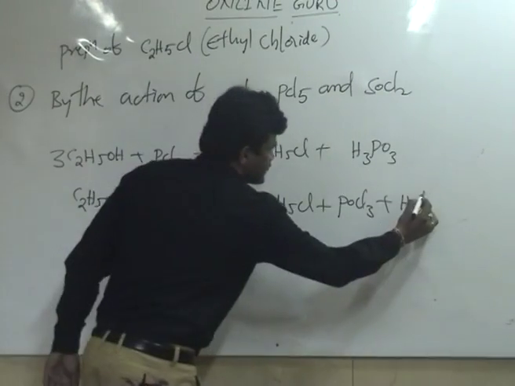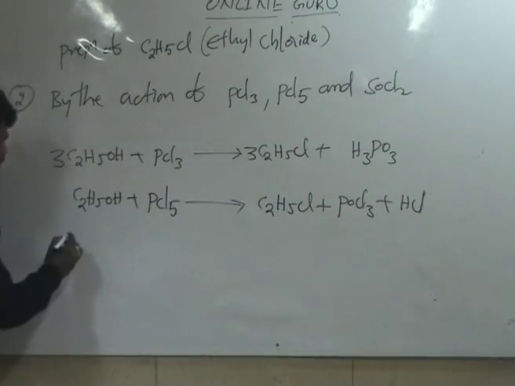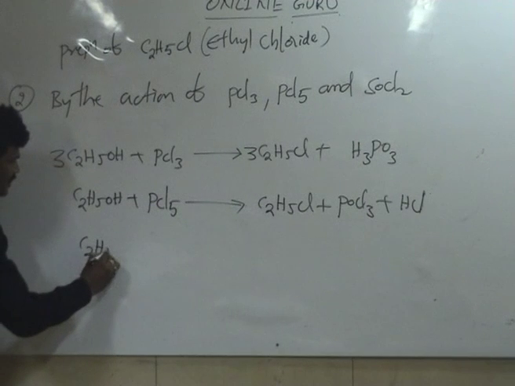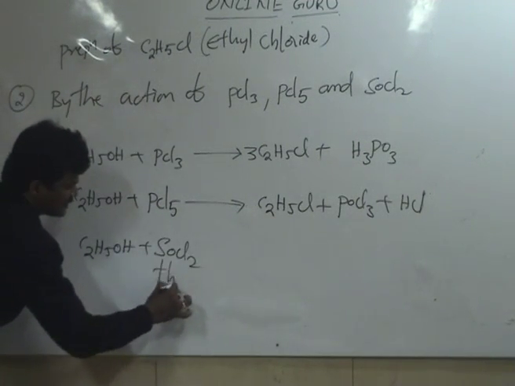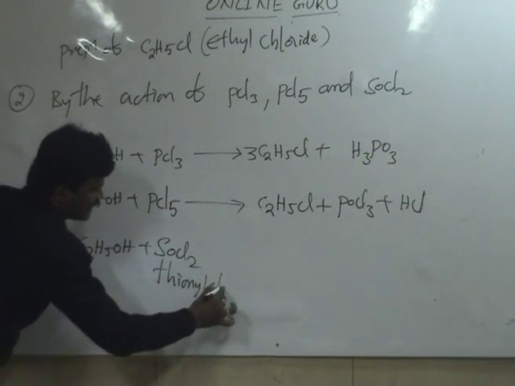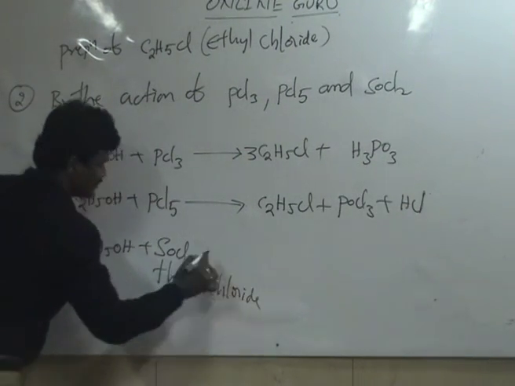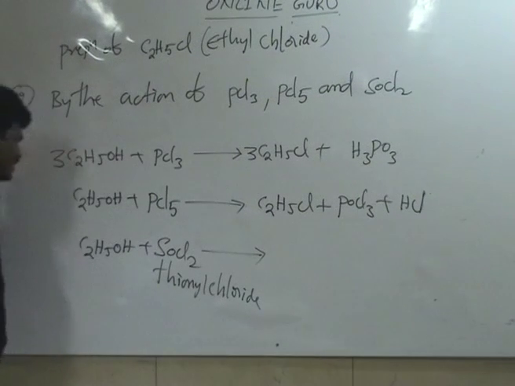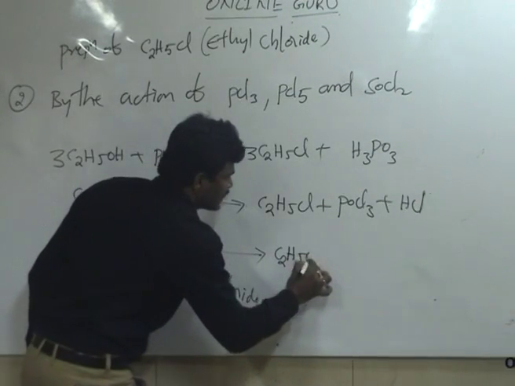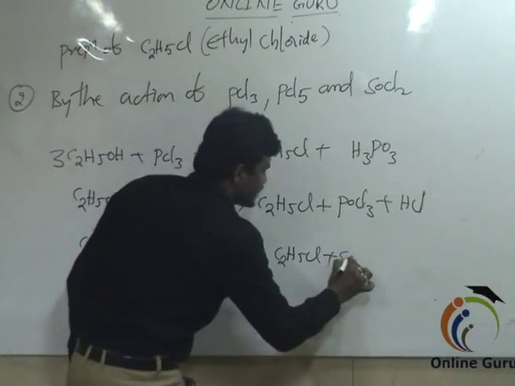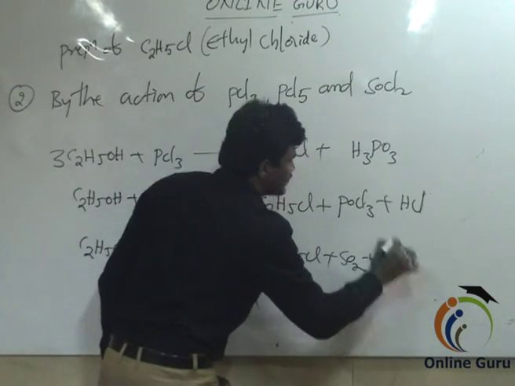Then ethyl alcohol reacts with thionyl chloride. It produces ethyl chloride plus SO2 plus HCl.